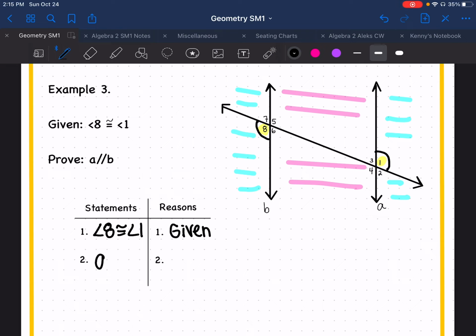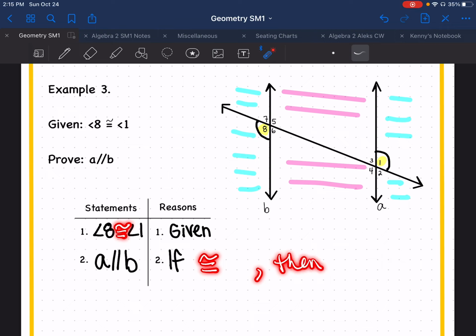I'm going to go ahead and say line A is parallel to line B because if, now notice, I'm going to take the one from above and I'm going to flip it because notice that my given has congruent. So that means the congruence must be here, then we can be parallel.